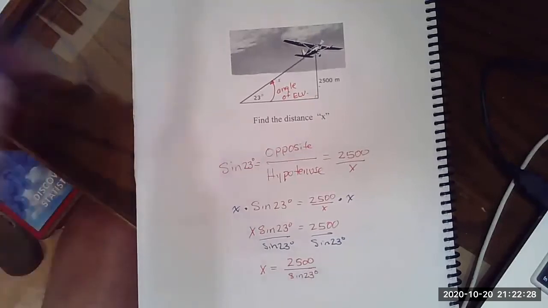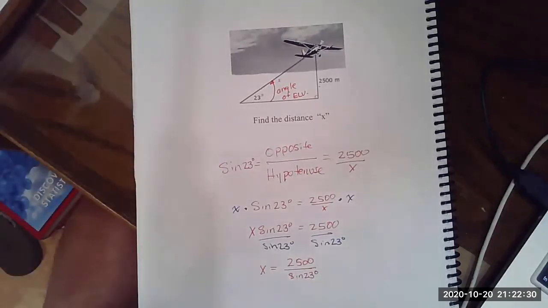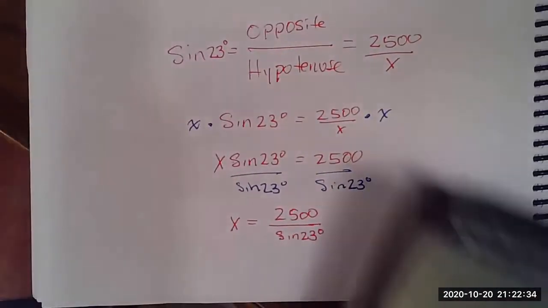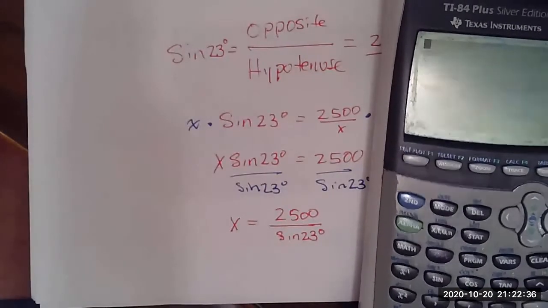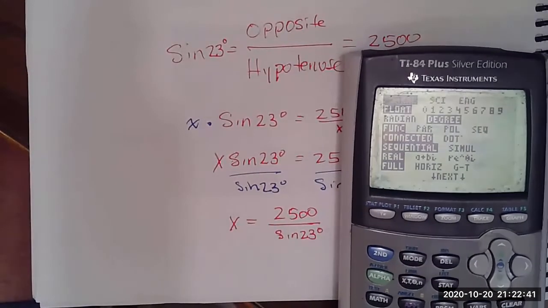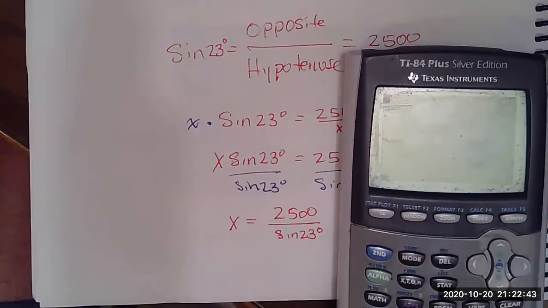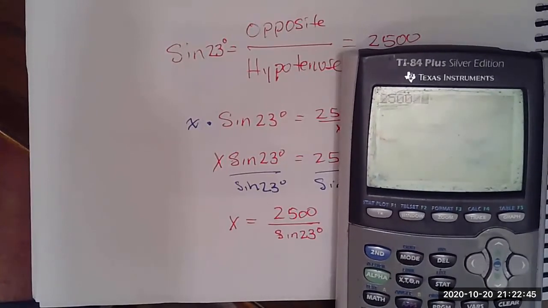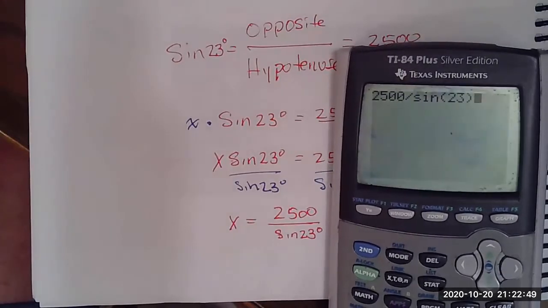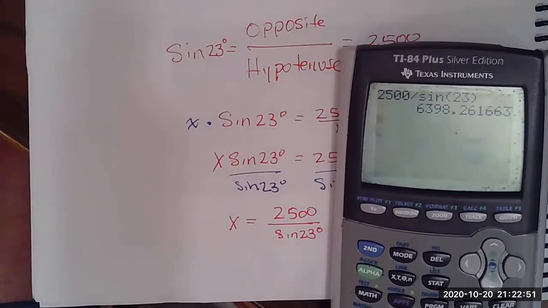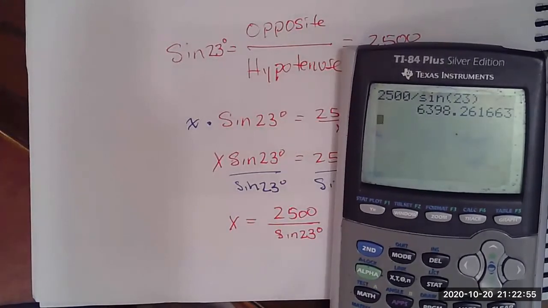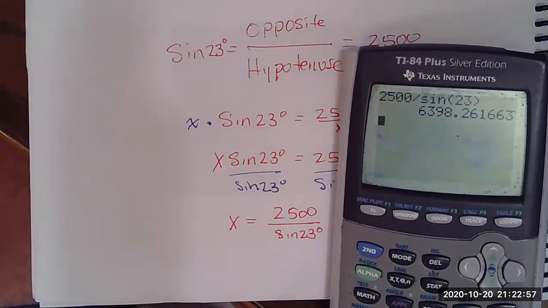Now you use your calculator, because 23 degrees is not on the circle. Make sure you're in degree mode. I'm going to check that again. Yep. So I need 2,500 divided by sine 23 degrees. If I round that to the nearest meter, I'm getting 6,398.